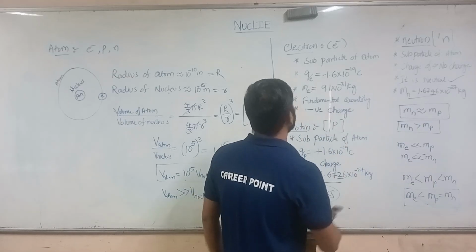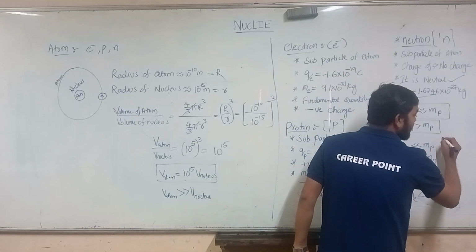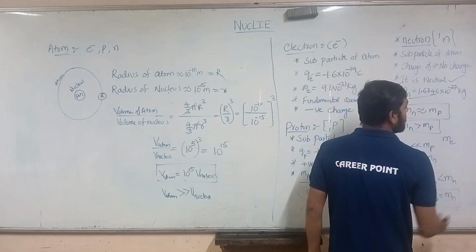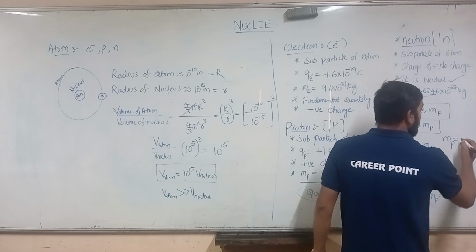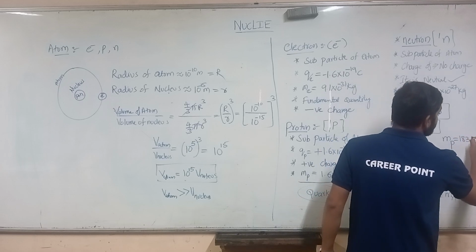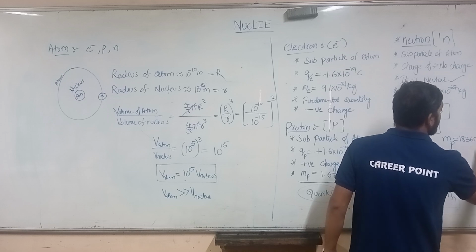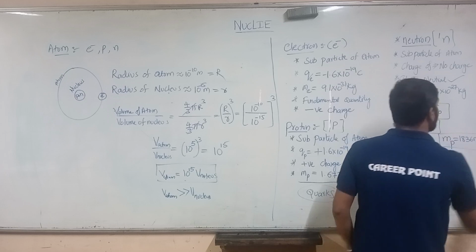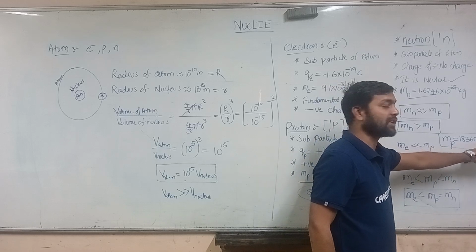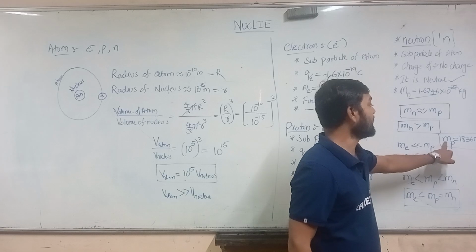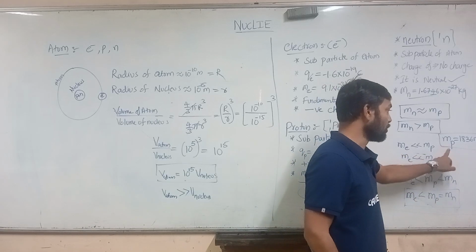The mass of proton is equal to 1836 times the mass of electron. That means we have to understand how big the mass of a proton is.